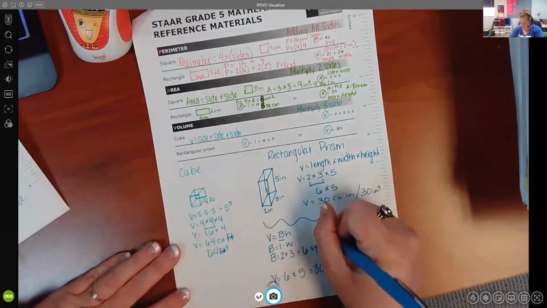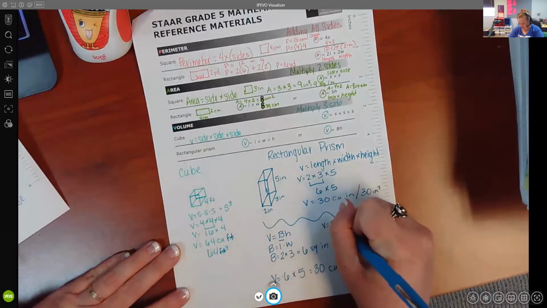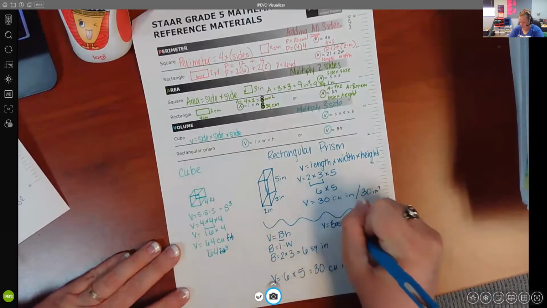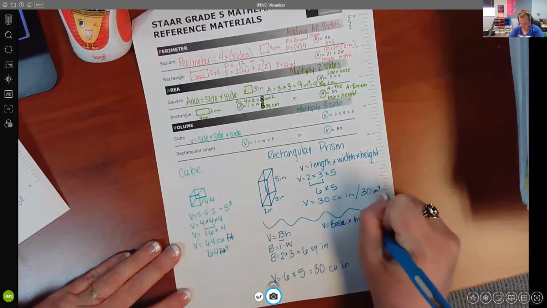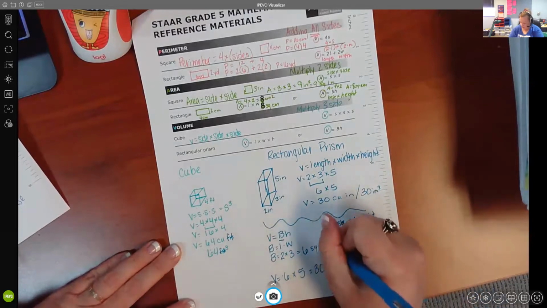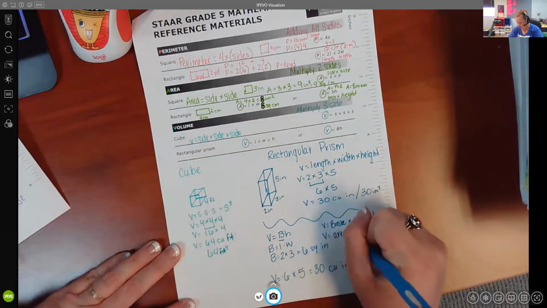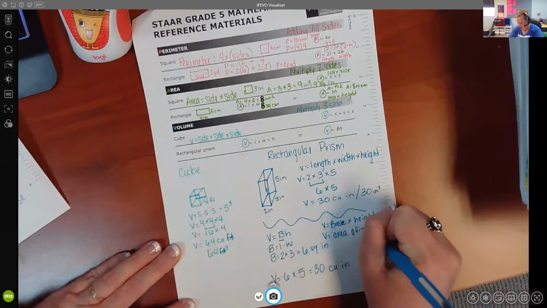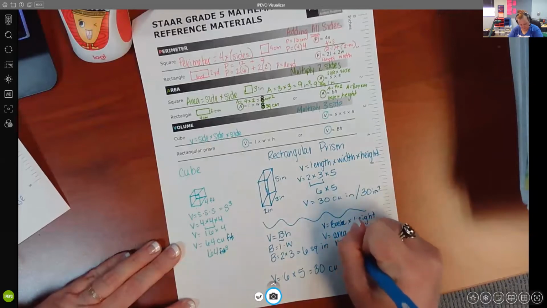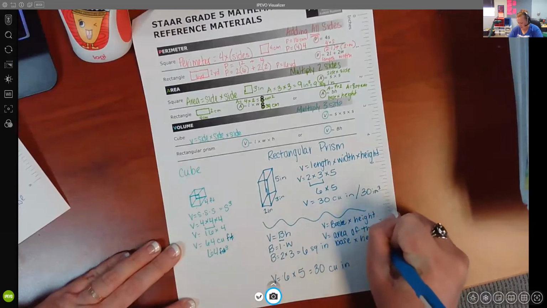So V equals base times height, and V equals area of the base times height.